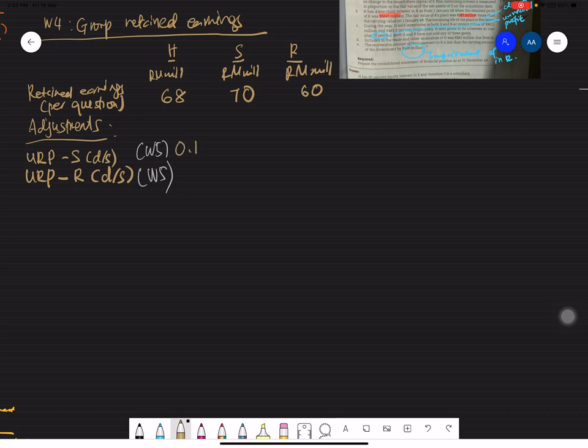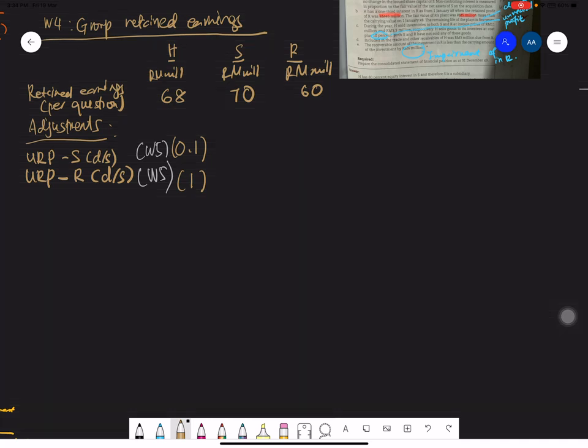It will reduce H, because H already recognized the profit, but since it was not sold to a third party outside of the group, it shouldn't be recognized. So it's minus 0.1 and also 1 million. Sorry, I think with S it's actually the other way around.